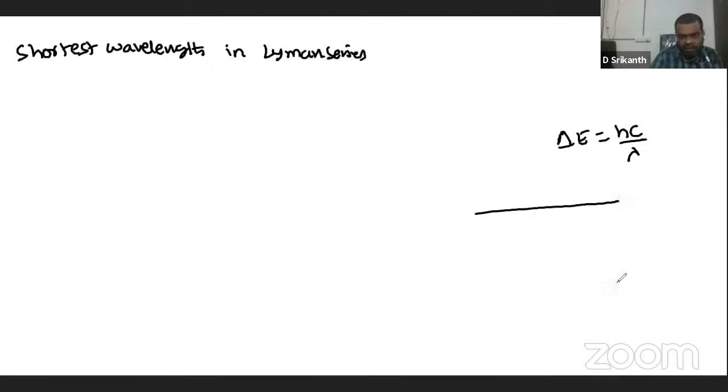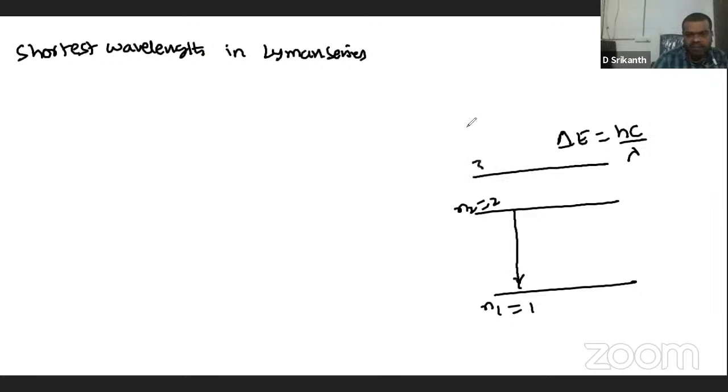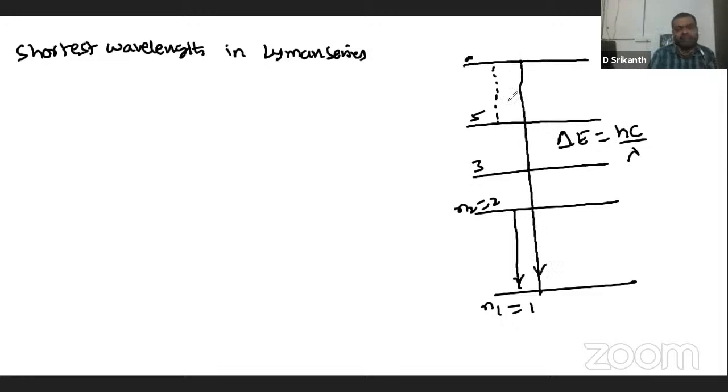Suppose this is n1, that is 1. n2 equal to 2, from here to here, and 3, suppose this is 5, and so on to infinity. This energy, you can see, is less, so we call it the longest wavelength.